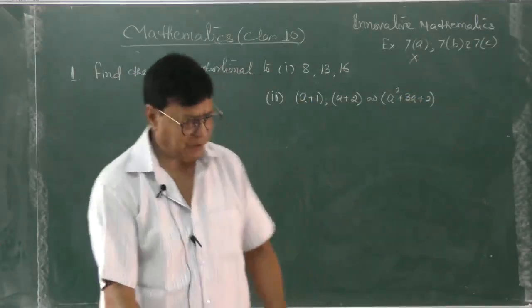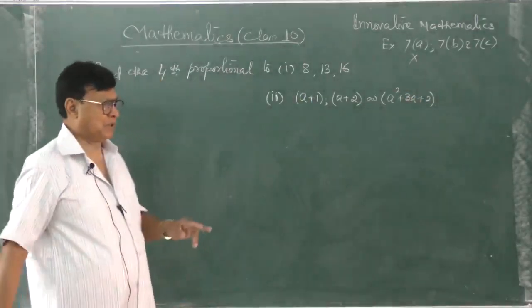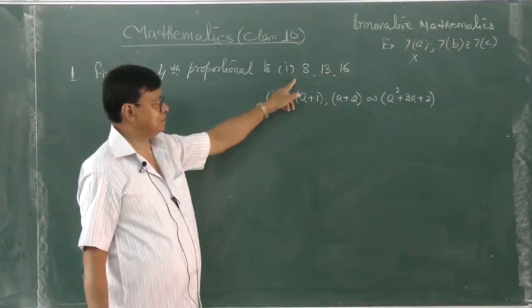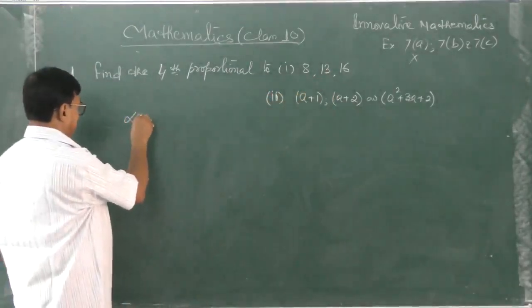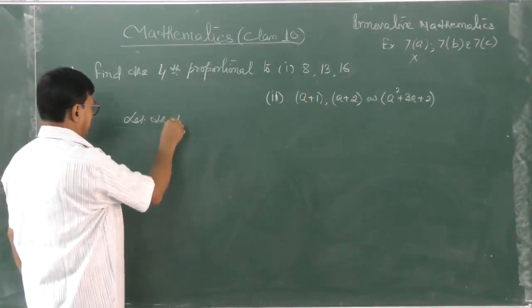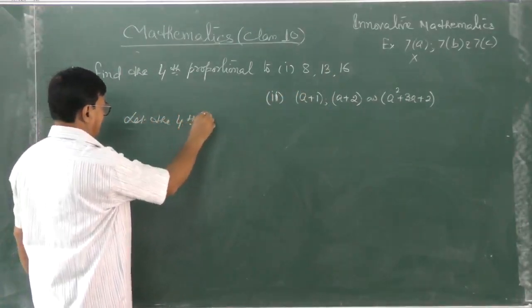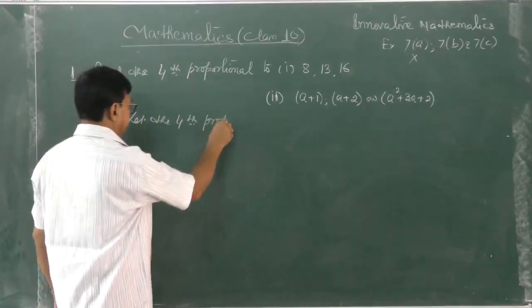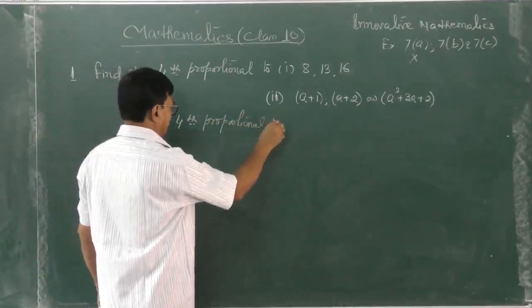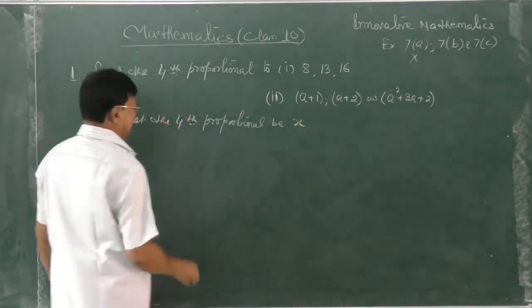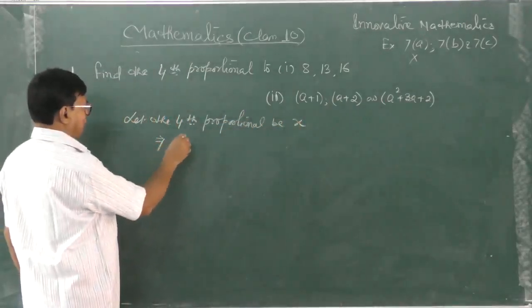Both the sums here are to find the fourth proportional. Fourth proportional means first, second, third and fourth. So let the fourth proportional be x. So what we get?